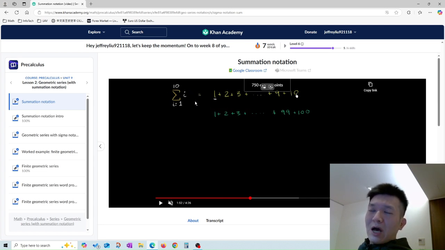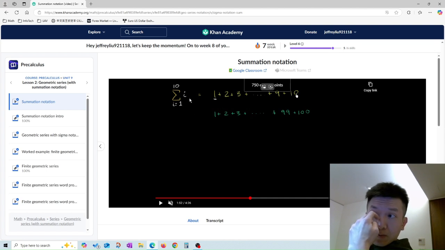And beside it, you have your function. Just like a function, you plug in the i inside your function. If you have an f of x, that will be your x in the summation. So this is a summation, kind of like a special way to write an f of x.